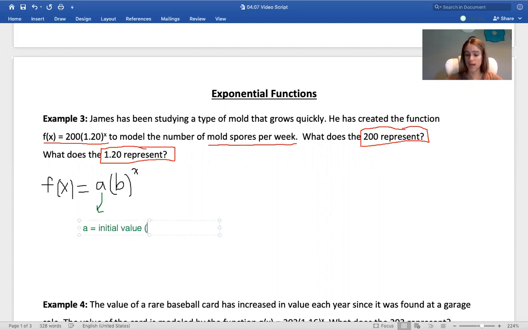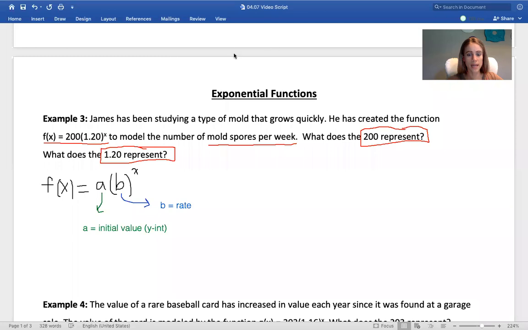And when I graph, that means it's the y-intercept. Our b is our rate. So when I know what the generic form looks like, that helps me discover what these numbers represent.